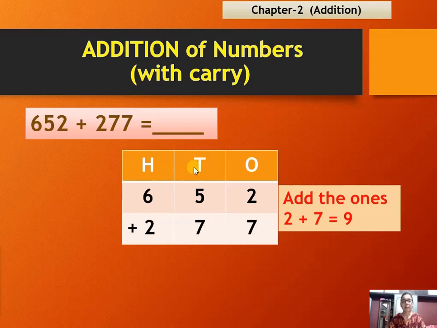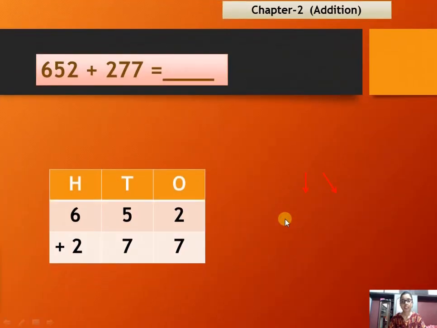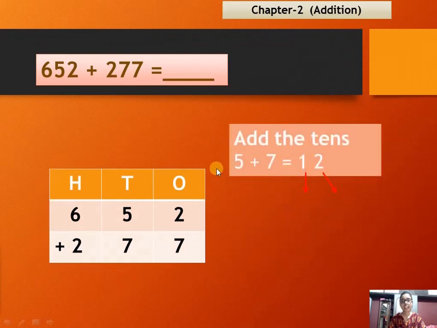It means addition हमें हमेशा 1's place से start करना होता है. So here also we will add the digits at 1's place. So 2 plus 7 is equals to 9. Now we will add the digits at 10's place. So 5 plus 7 is equals to 12.